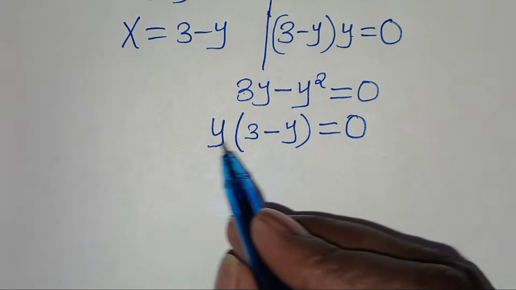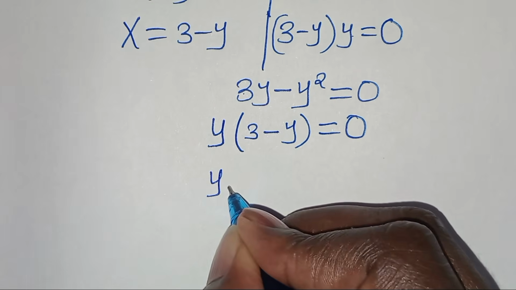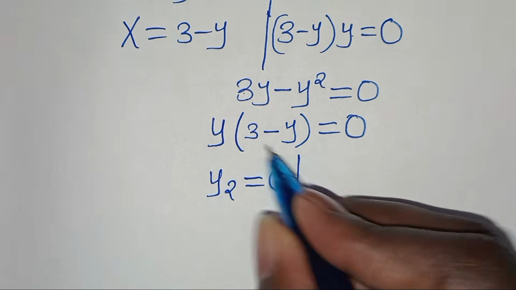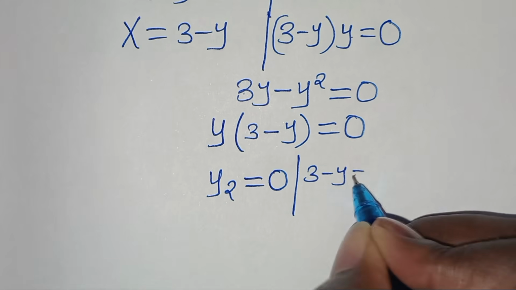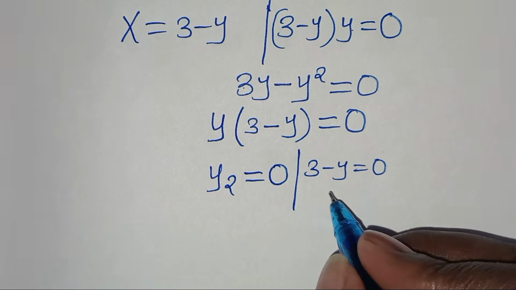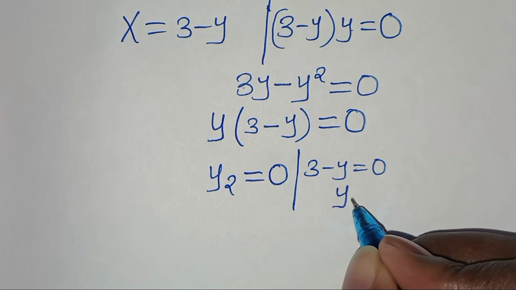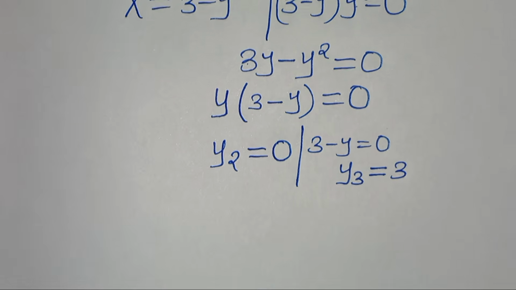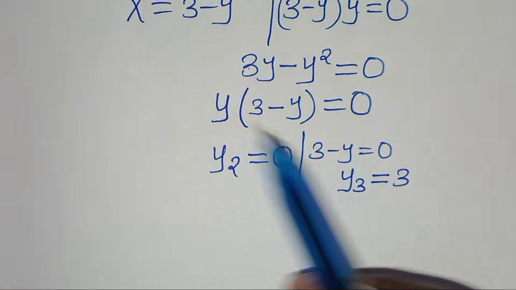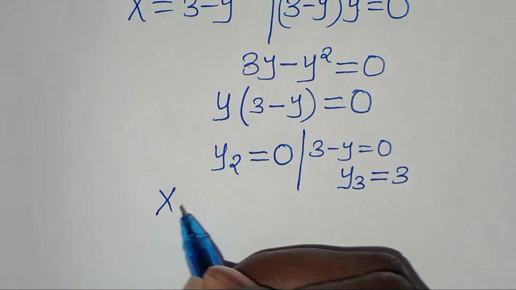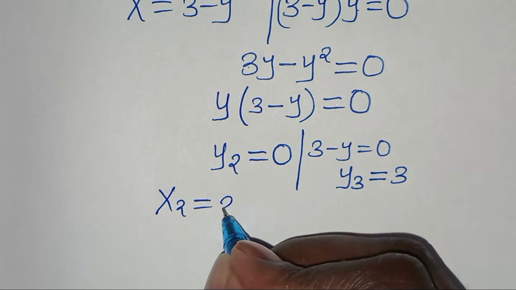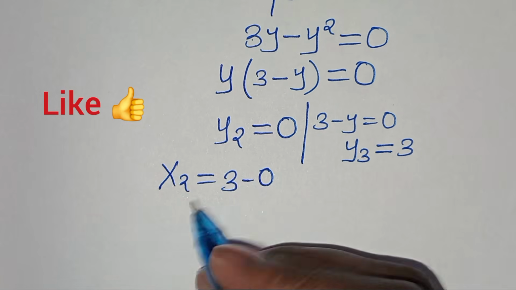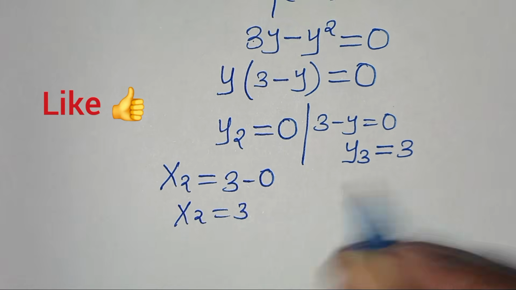Now, this implies that here we have y2 is equal to 0. We also have 3 minus y equal to 0. And this means that we have y3 equal to 3. Now we can solve for the corresponding values of x. So remember x, now x2 will be equal to 3 minus 0. So here we have x2 equal to 3.